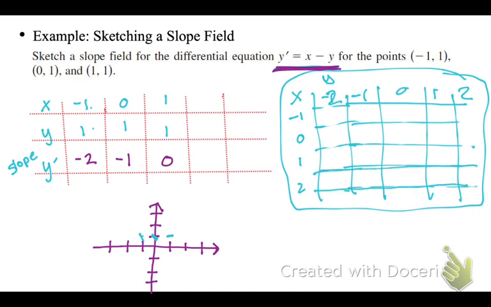So the ones we already have are what? -1, 1 was -2. And 0, 1 was -1. And 1, 1 was 0.